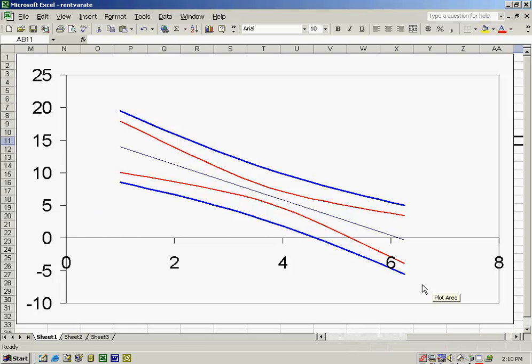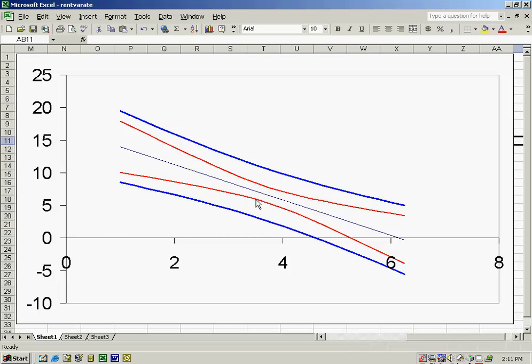The blue lines in this diagram, the outer lines, are the 95% prediction intervals. So you can see here that the confidence intervals are narrowest at a particular point, and then they get larger and larger as you get further away. And the same thing happens to the prediction interval, even though it's not so pronounced.